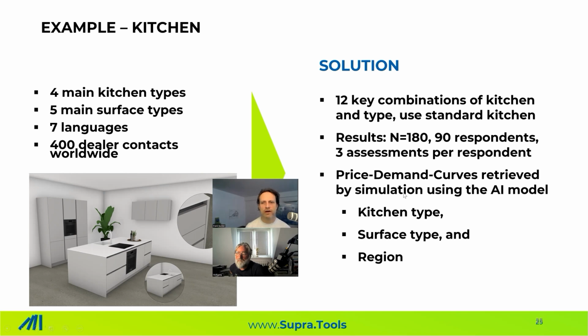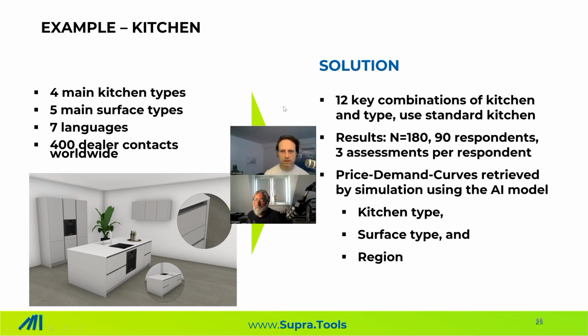And on these 180, the machine learning model is built. On this machine learning model, we can simulate and find out what the kitchen type contributes to the willingness to pay, what the surface type contributes, and what the region contributes.